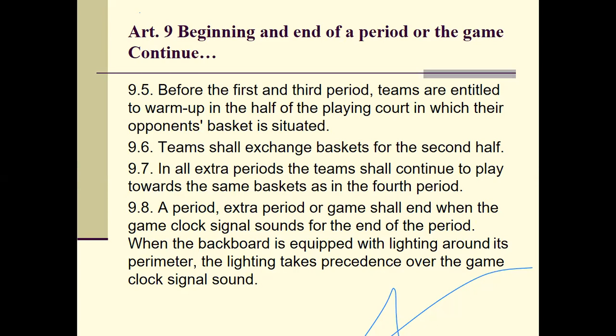A period, extra period, or game shall end when the game clock signal sounds for the end of the period. When the backboard is equipped with lighting around its perimeter, the lighting takes precedence over the game clock signal sound. So basketball works a lot around timing. I think we'll look at that later. There are shot clocks, and then your period indicators, which help with the time rules or time violations within basketball.